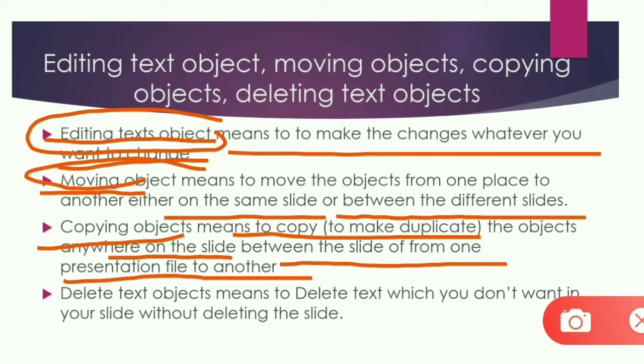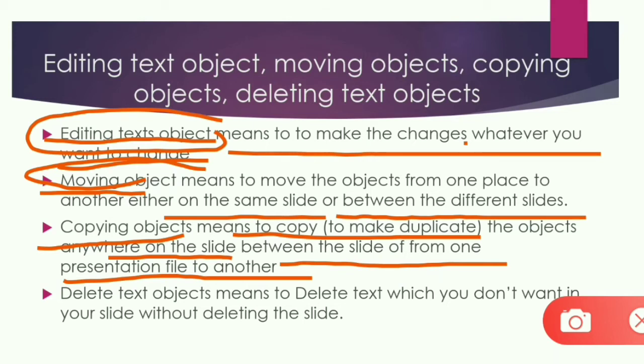Once you have created the duplicate copy of an object, you can paste it in any slide. It is not mandatory to paste the duplicate copy in the same slide. It can also be pasted in another presentation.